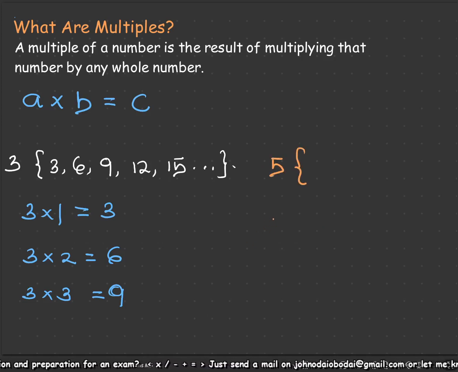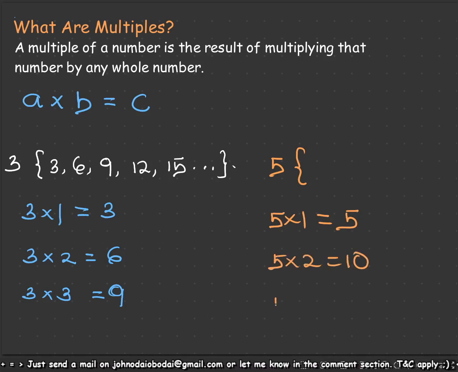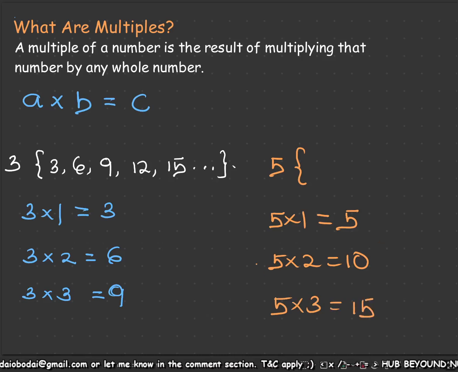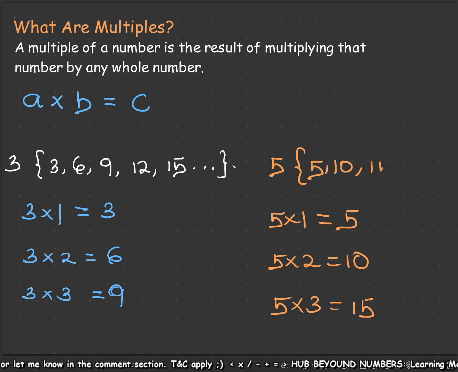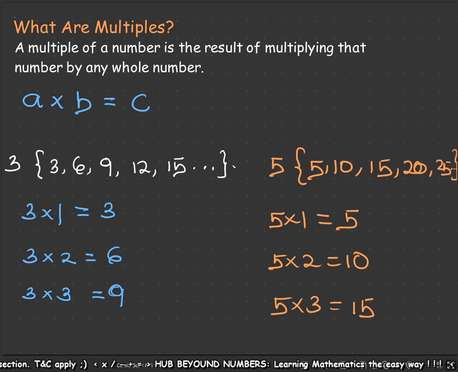Then we are going to have what? 5 times 1 gives us 5. 5 times 2 gives us what? A 10. 5 times 3 gives us 15. And you can go on and on to get your multiples of 5. So we have 5, 10, 15, then 20, 25, and it goes on and on.